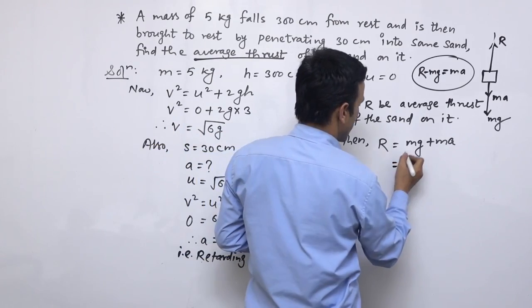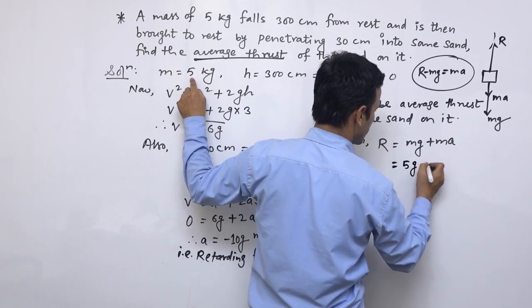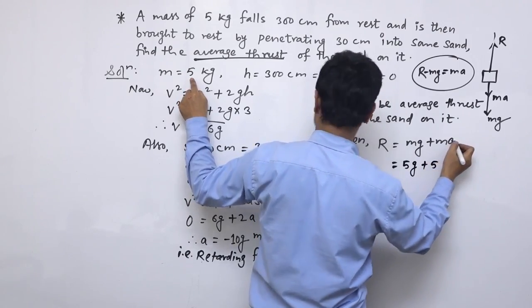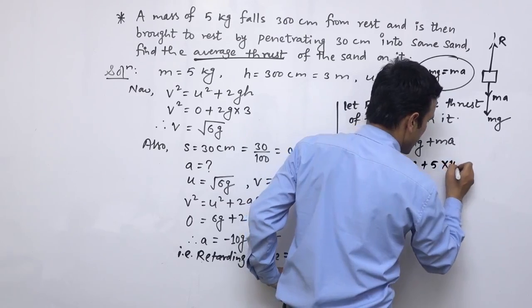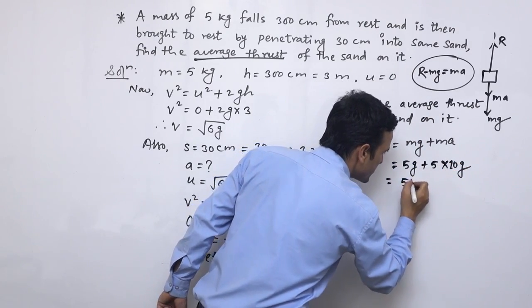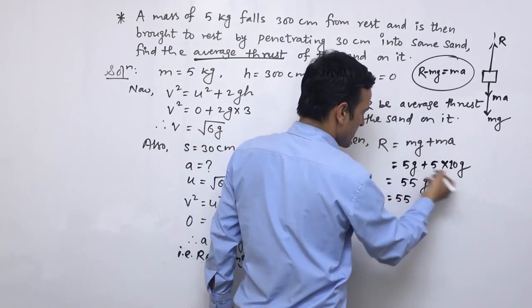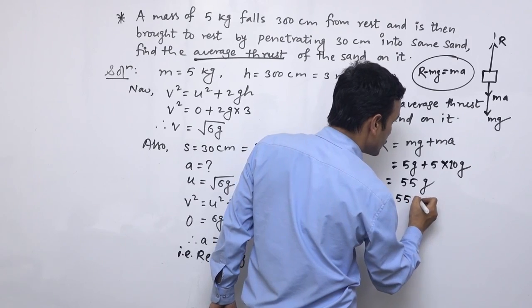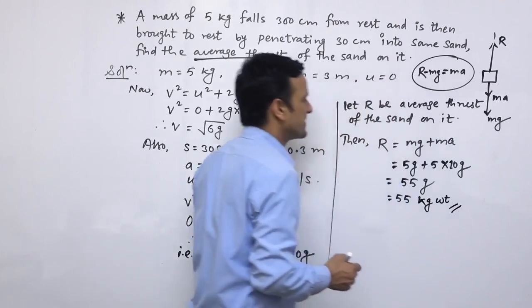So we can substitute over here. M means it is 5, times g plus m which is also 5, times a, where a means 10g. So it is 10g, and it will be 50 plus 5, which means 55g. And if you convert it into kg weight, then 55 kg weight is the conversion of this reaction.